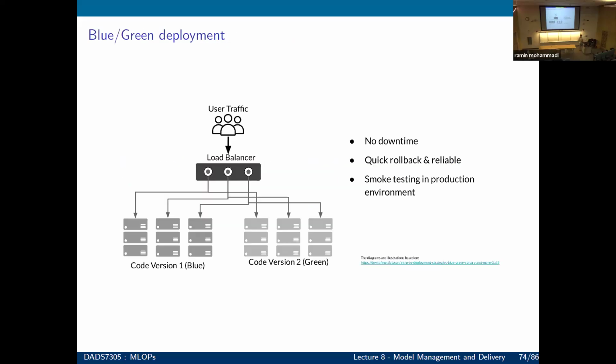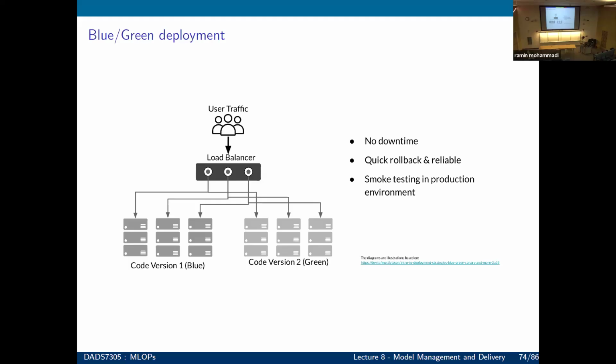But the actual terminology in software, the one that happens for model delivery, the first one is blue-green deployment. If someone asks you to name the deployment types, the first one is blue-green deployment, kind of the easiest one. In this version, you have a model version, blue, something that you already have and it's working.